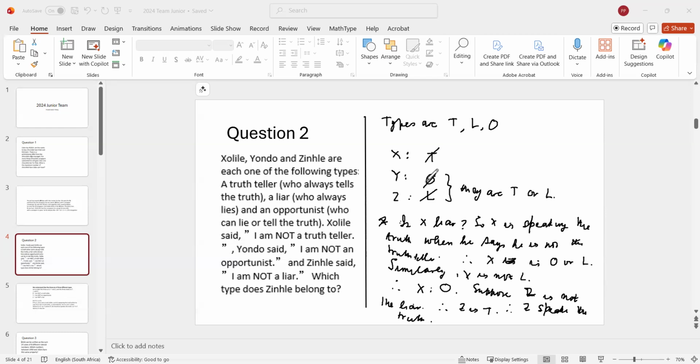But the other one is, suppose if you look at Y, he says he is not the opportunist. So Y is also speaking the truth. Let's look at Y. Y is speaking the truth. He says, I am not an opportunist, and we just came to the conclusion that X is the opportunist. So Y is speaking the truth.